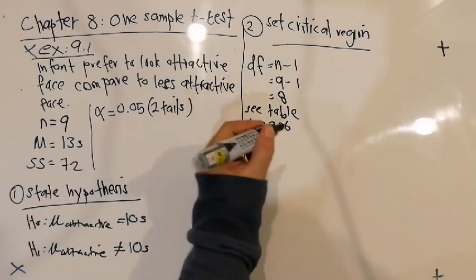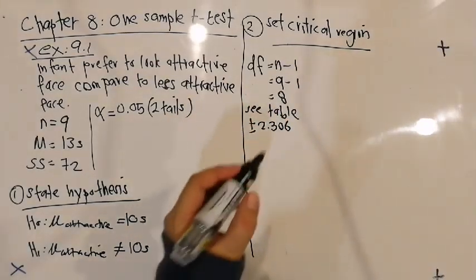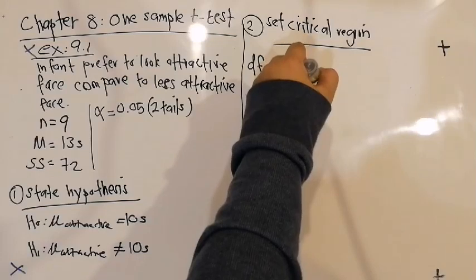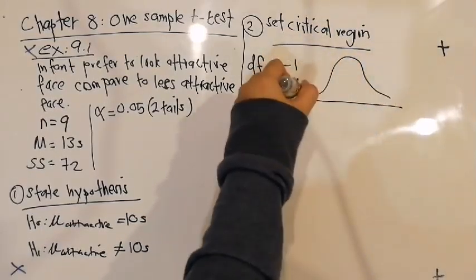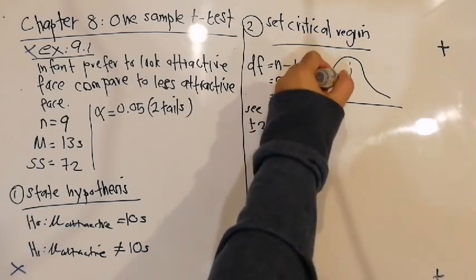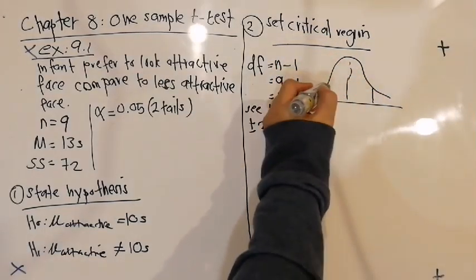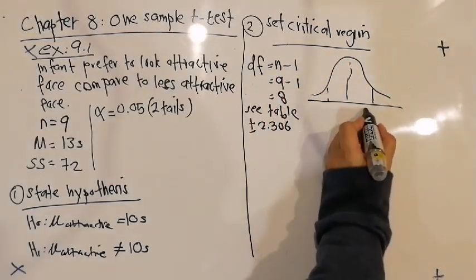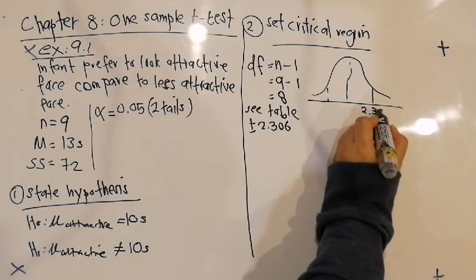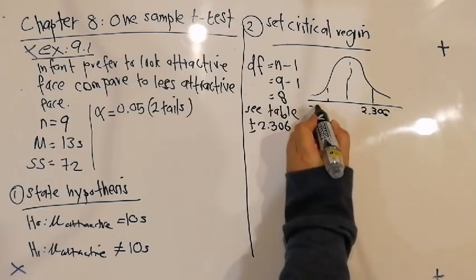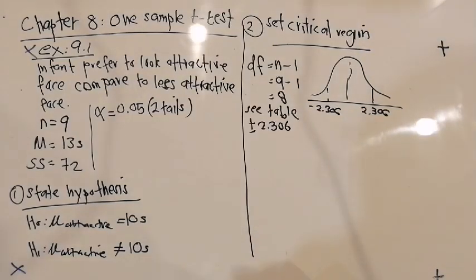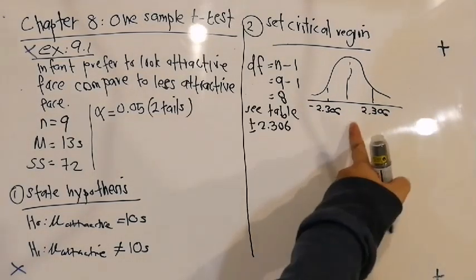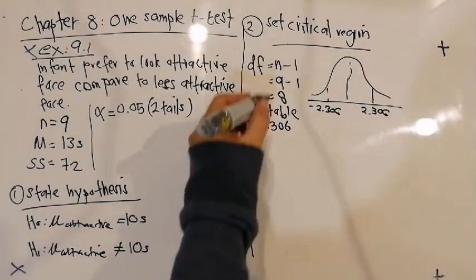Try to check again, is it correct? So in your graph, your critical region is here and here, 2.306 and minus 2.306. Okay, so this is your critical region. Done, settled for number 2.